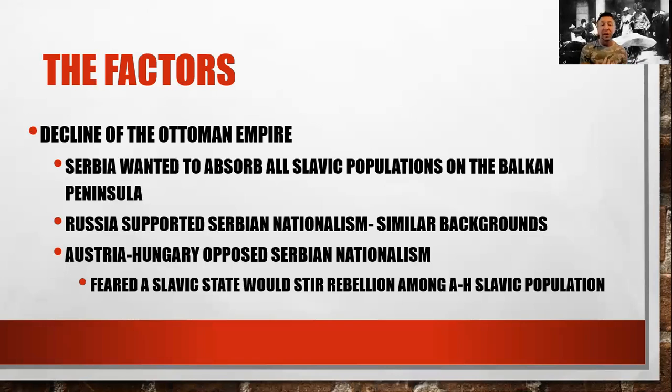The Slavic-speaking people within Austria-Hungary might decide that they want to join Serbia, and that would cause a rebellion, and that wouldn't be good for the monarchy, right? Because when you have power, you don't want to lose your power at all.